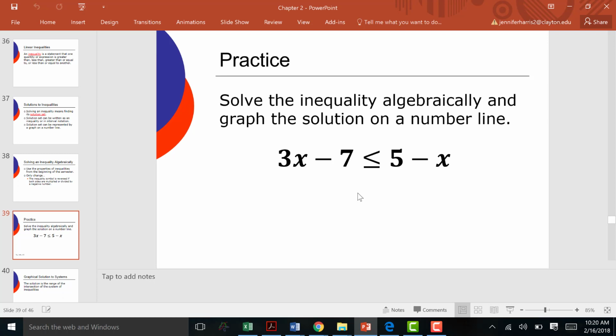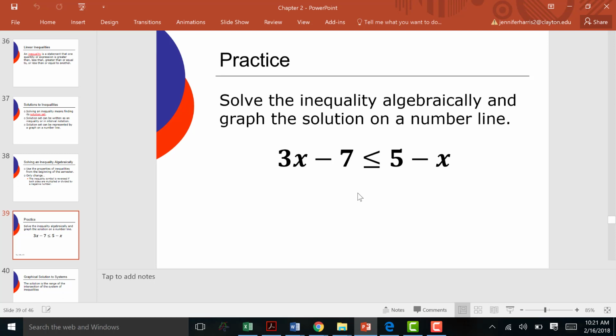The bracket should be the exact same direction. It should open the same direction as it does on the graph. So if it opens that way on 3, you should open it that way on 3. Did it stop? Did we stop this? No. Did we pick a number and stop? No. What symbol do we use that goes on forever and ever? Infinity symbol. And whenever you have an infinity symbol, you have to close it with a parentheses because it doesn't stop on a number.